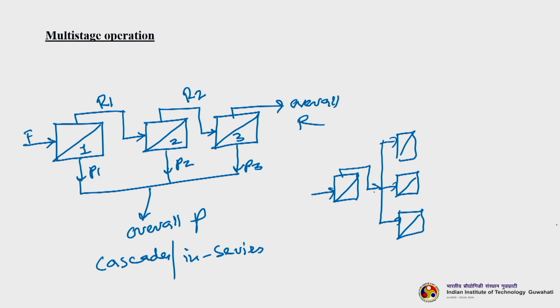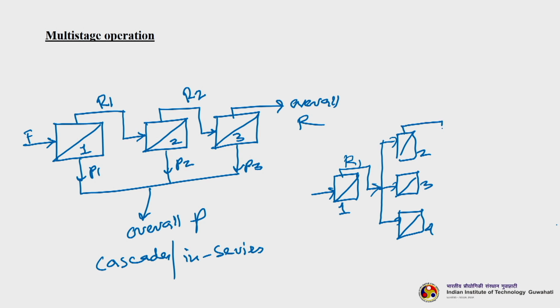Here, what is the difference between this system and this system? Here you see, initially you feed it, then the entire retentate from unit 1 goes as the feed to unit 2. Here it is not so. So, here the retentate or R1 is divided and fed to 3 different units.